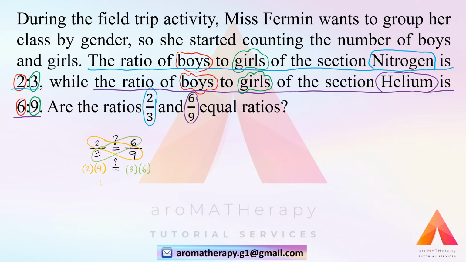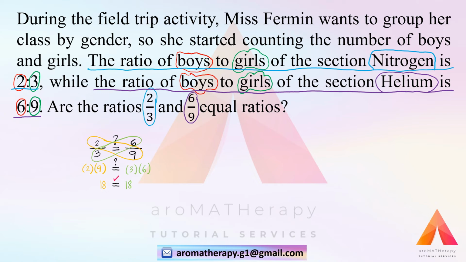Okay, so 2 times 9 is equal to 18. This is equal to 3 times 6. What is 3 times 6? 18. Are they equal? Of course. So this means that they are equal ratios. So therefore, they are proportion.